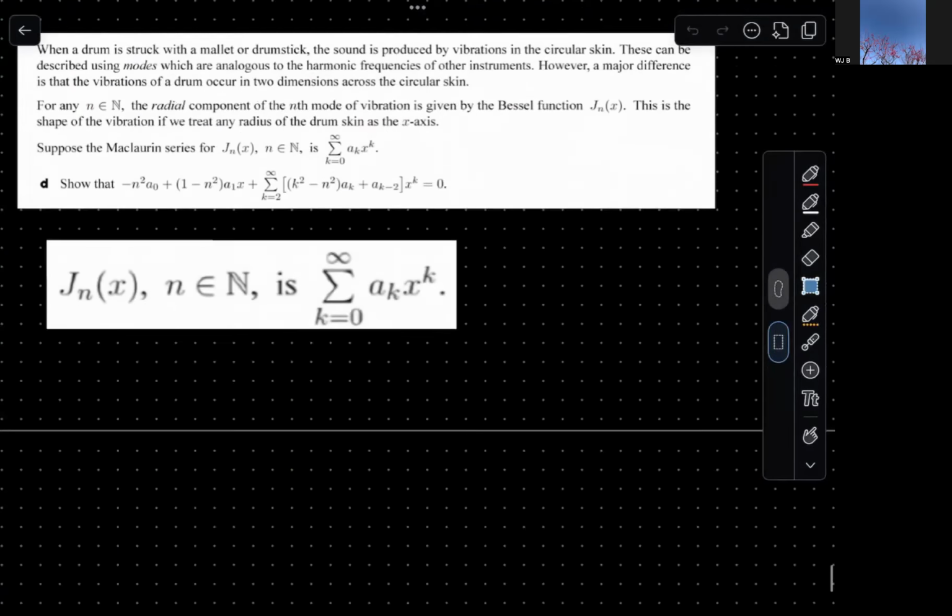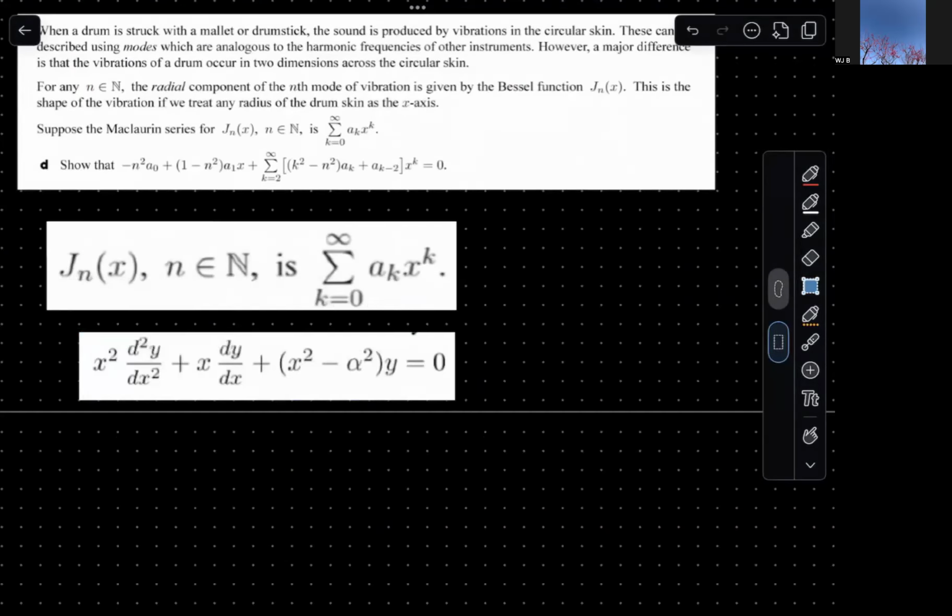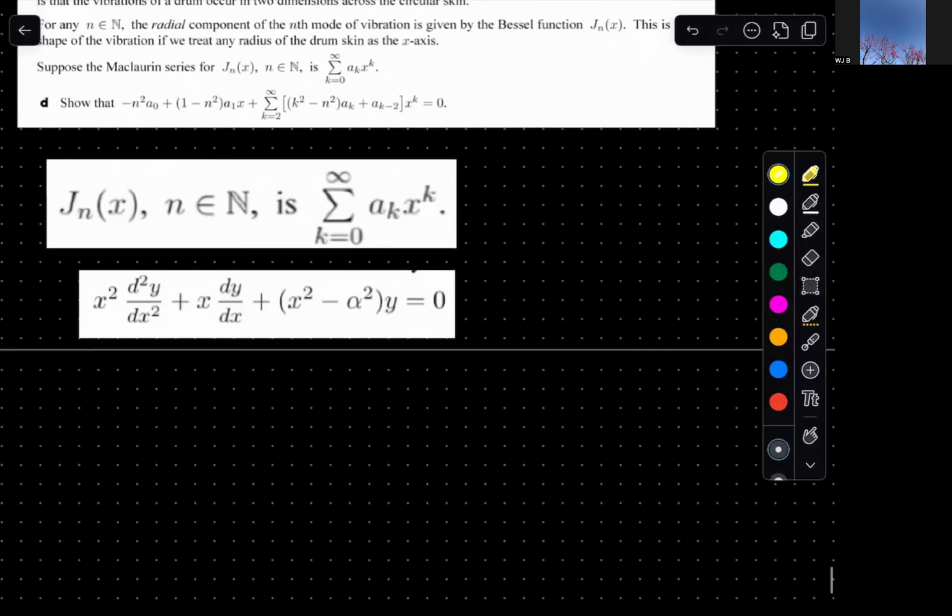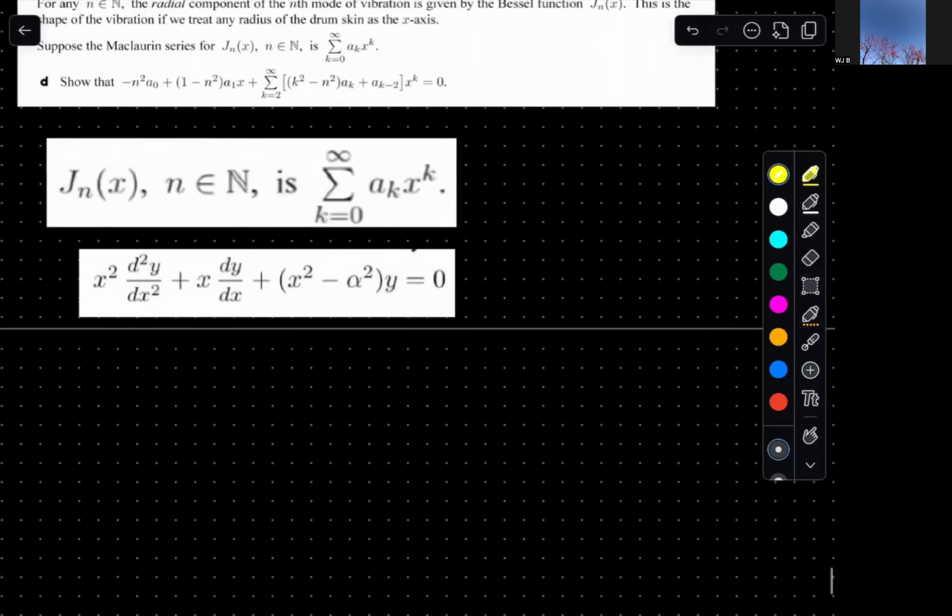What we can do is put this in the first derivative and the second derivative, and work with the coefficients. However, you have to be very careful when working with infinite series and differentiation: if you have a constant term and differentiate, it disappears. Let me show you what I mean.